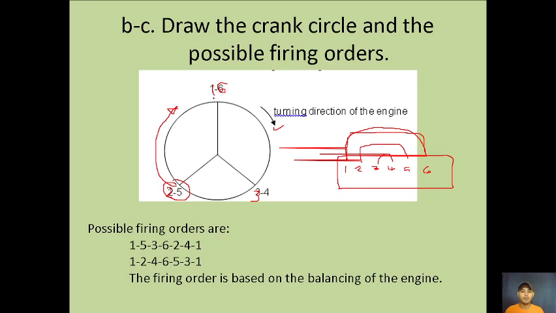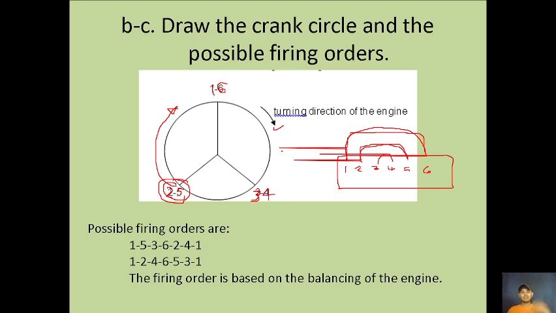If number 1 is on top dead center, 6 is also on top dead center, because running mates are the cylinders that move in the same direction. For number 2, the running mate is 5, the opposite cylinder. Then number 3 with its running mate, 4.